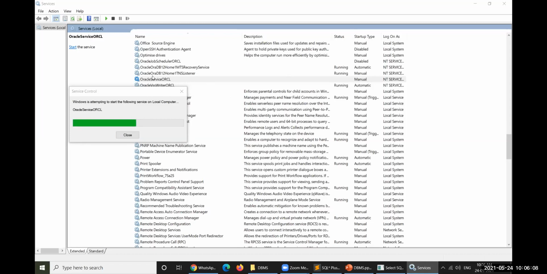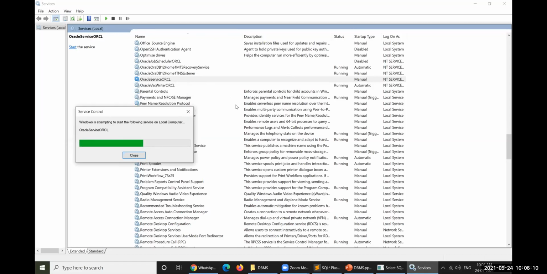By default, everybody who is working with Oracle may disable or stop those services because they occupy a huge amount of space in main memory. That is why people stop those services as and when required.